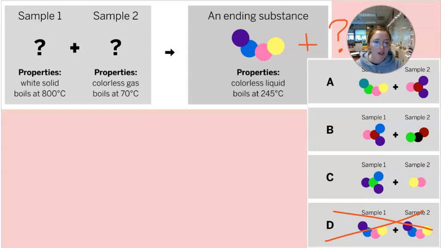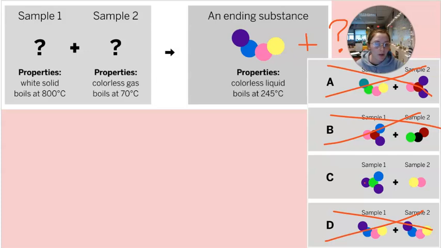And now I'm just going to go through and check: if these 4 are in the ending substance, they have to be somewhere in the beginning. I need to find A, B, or C that has a purple, blue, pink, and a yellow. If I look at A, I am missing my blue, so it can't be this one. For B, I'm missing my yellow, so it can't be that one. For C, let's double check.